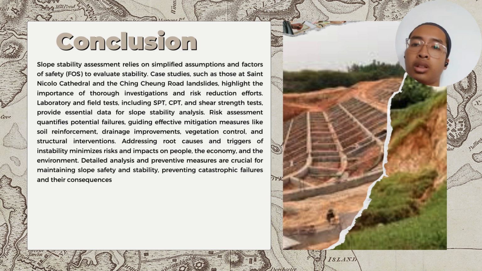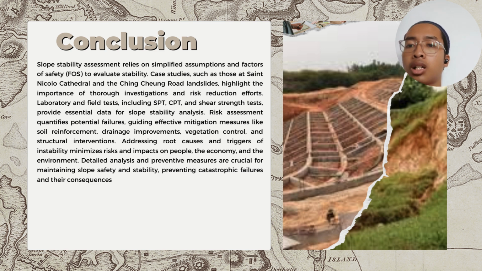For the conclusion, conducting a true examination of soil failure and slope stability involves a holistic approach, including detailed on-site investigation, comprehensive laboratory and field tests, and meticulous risk assessment. Geotechnical engineers play a vital role in assessing slope stability, taking into account factors such as geology, surface drainage, groundwater, and soil shear strength.